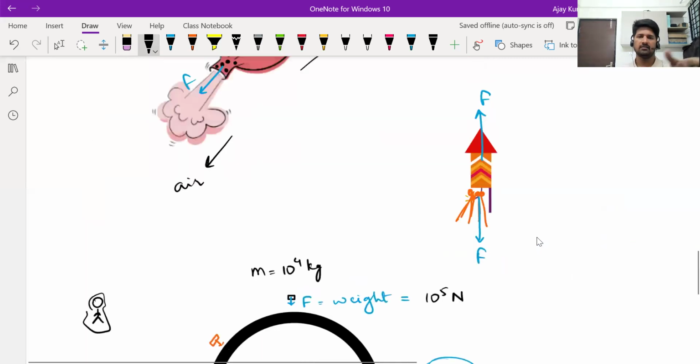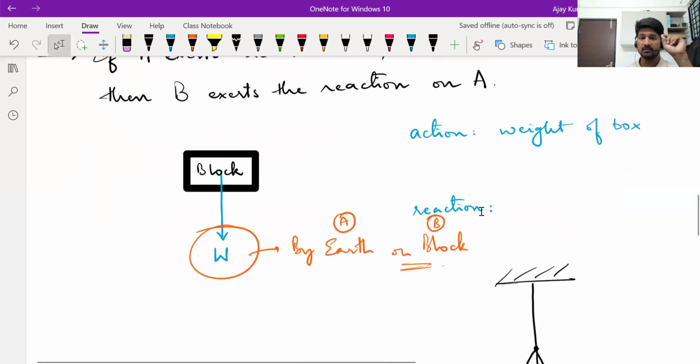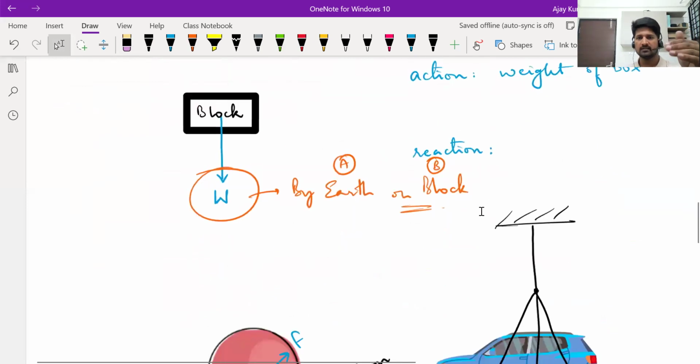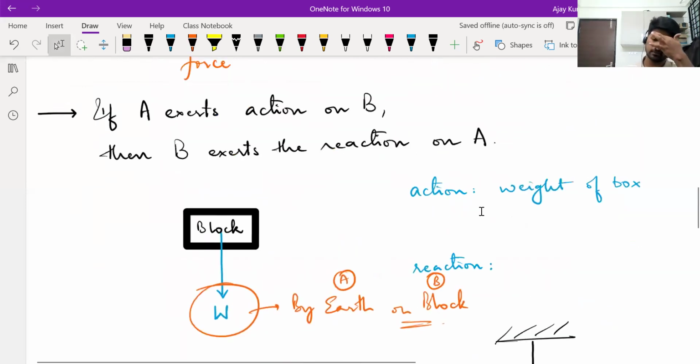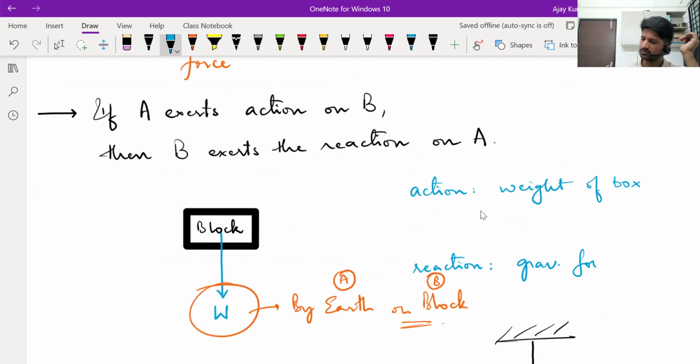Okay, but anyway, let's get back to the point that we were discussing. Weight of the block is the gravitational force exerted by earth on the block. Then the reaction to it is the gravitational force exerted by block on earth.